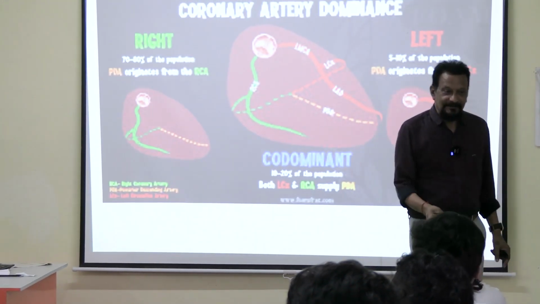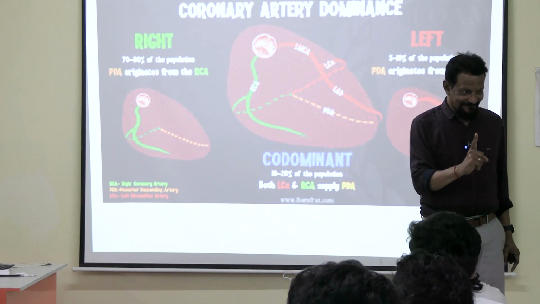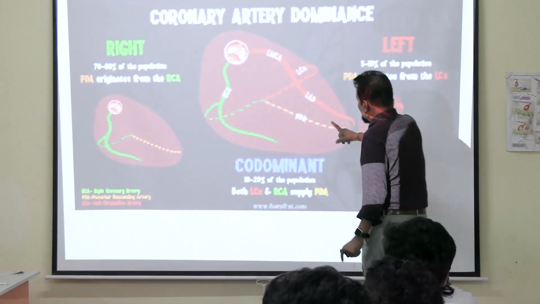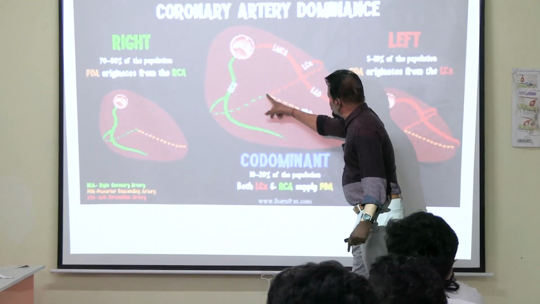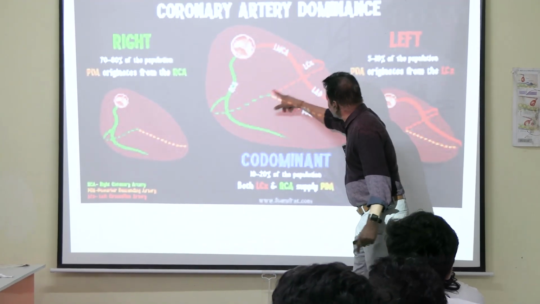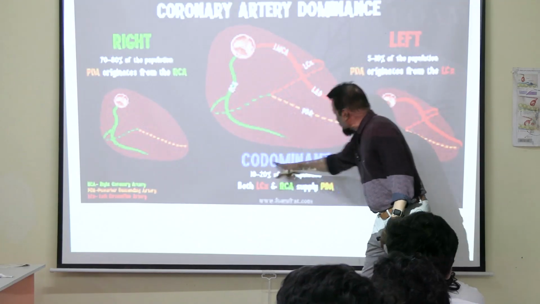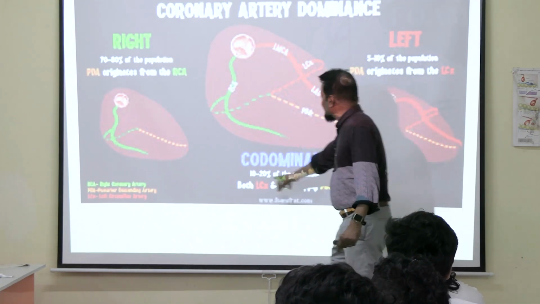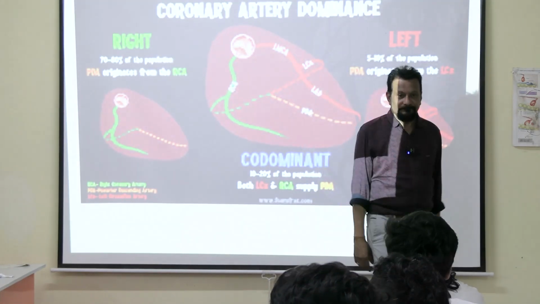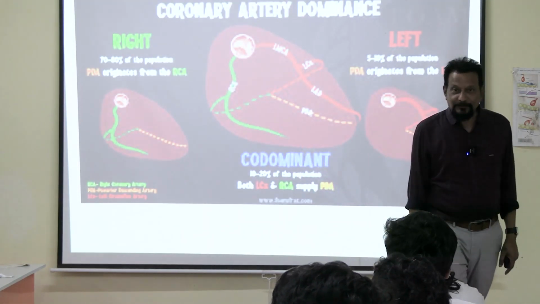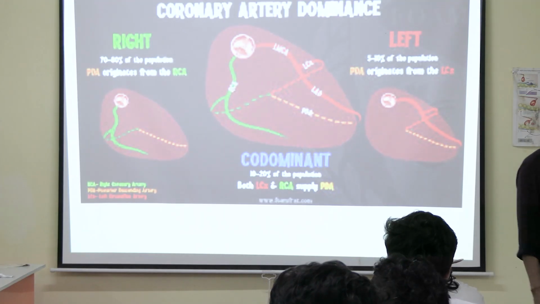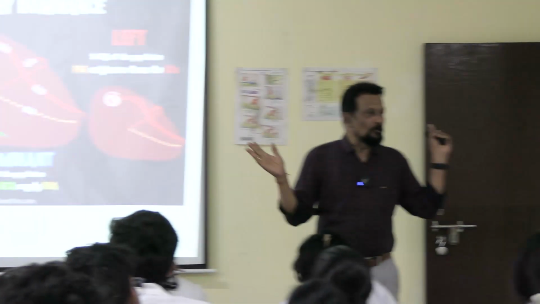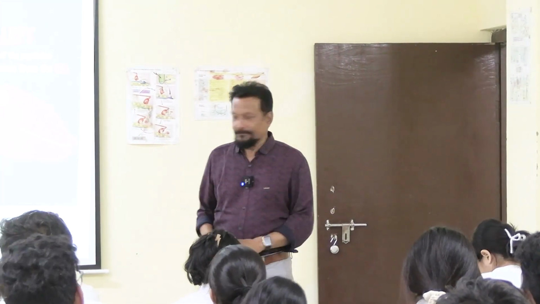This will determine who is dominant. Now, if it is supplied by both, then we call it codominant. This is present in 10 to 20% of people. Both right and left are equally dominant.